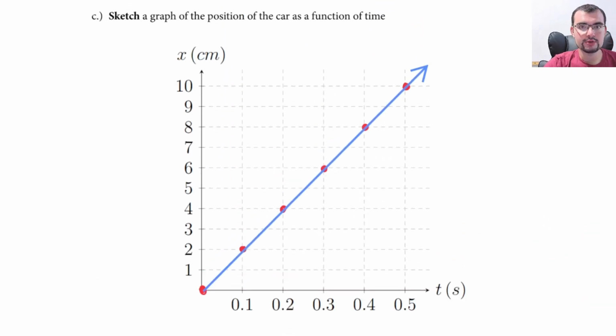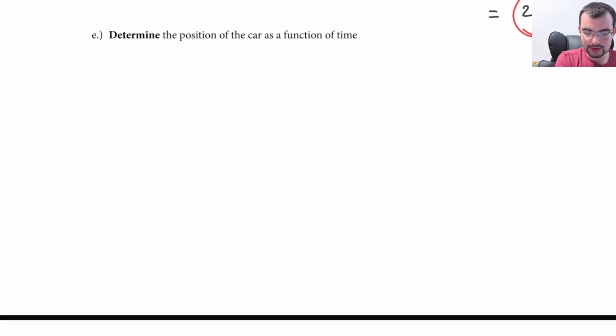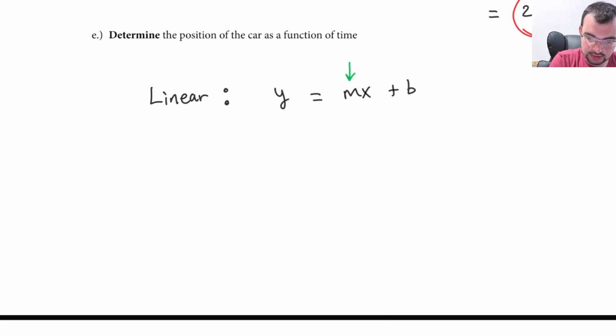So now we can do this to write a function for where the car is as a function of time. Since we know that this is linear, I can write this in y equals mx plus b form, right? Because the slope is the rate, and then b is your starting value.